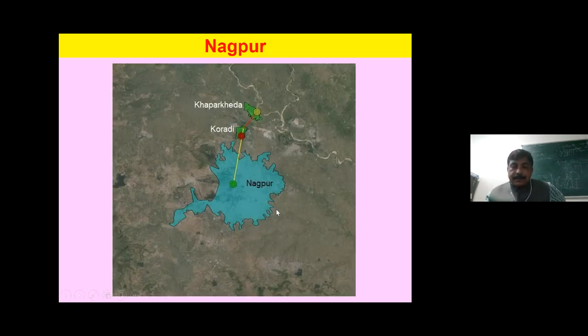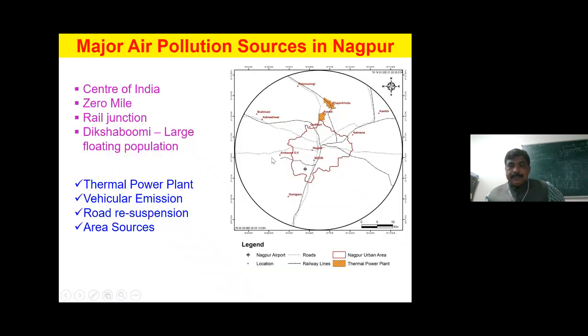Here is Nagpur city. There is one power plant area called Koradi, which is 10 kilometers away. From Koradi, another one 4 kilometers away is called Khaparkheda. And above it is the Kanhan River. Now, for this setup, I'm trying to understand.